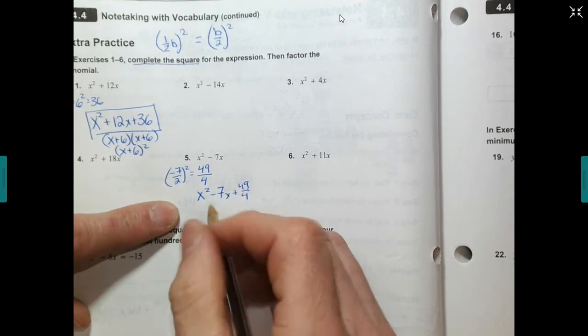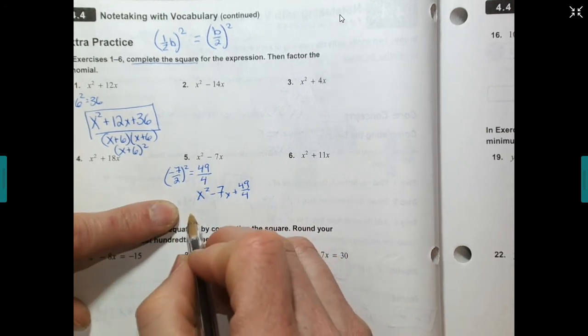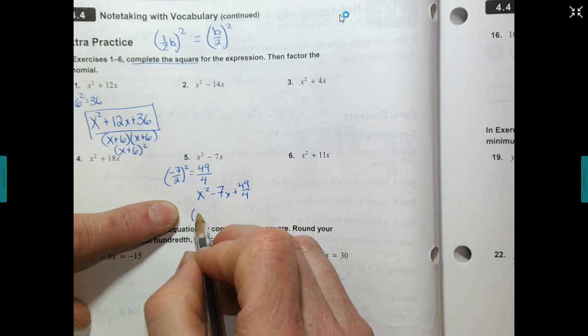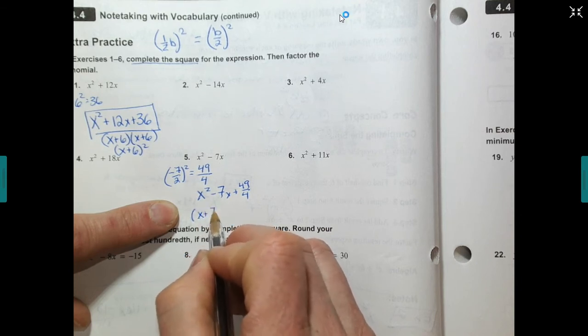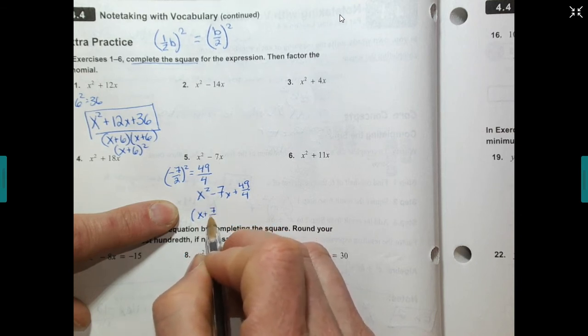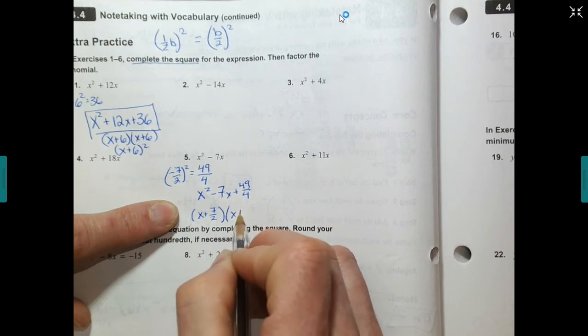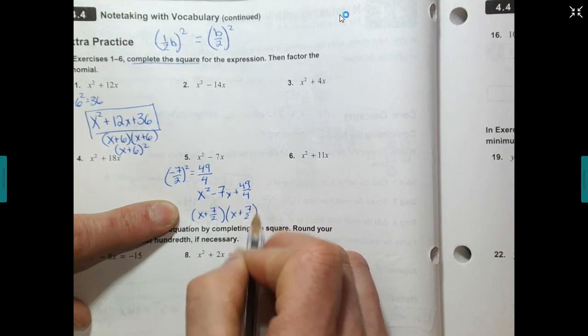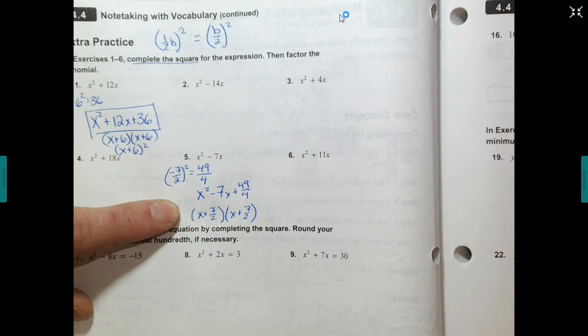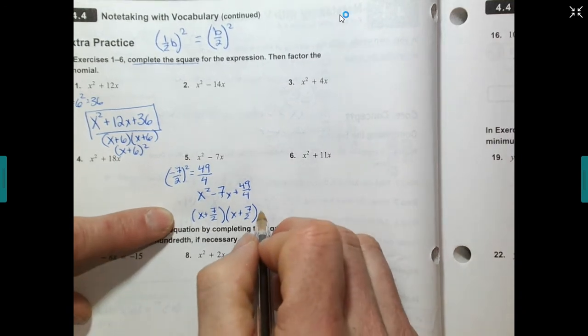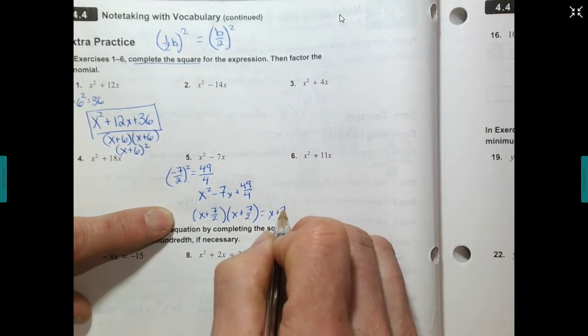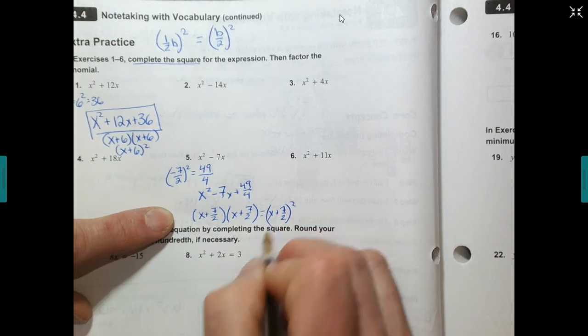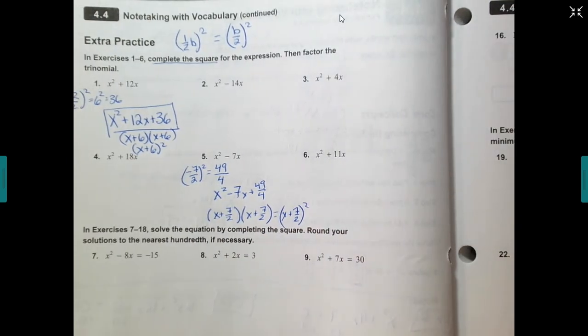And if I want to do this, I can go x plus 7 halves times x plus 7 halves, which is x plus 7 halves squared.